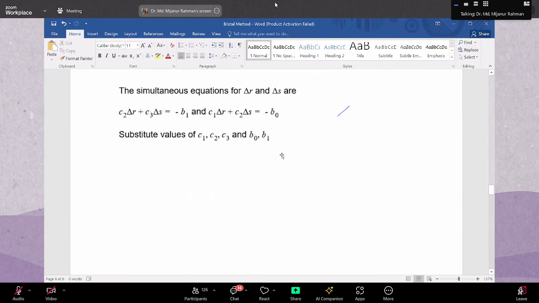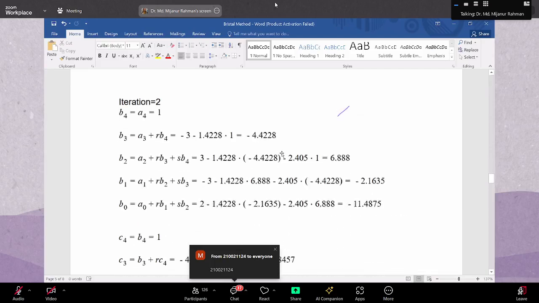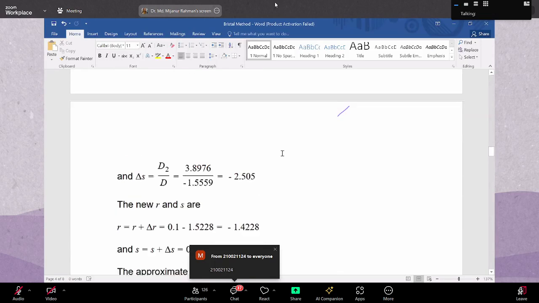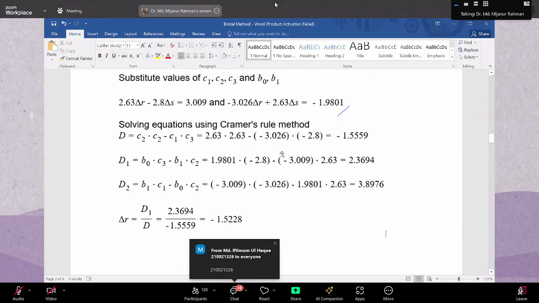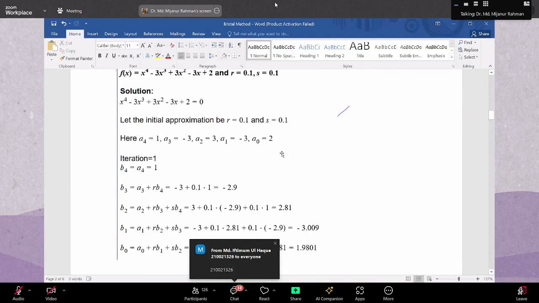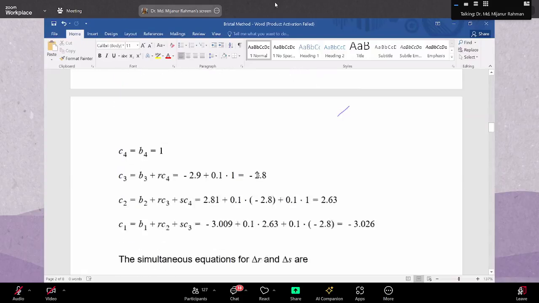So our target is to follow the technique, how this technique is proceeding to find the root of the equation. So value of R and S we have to determine.